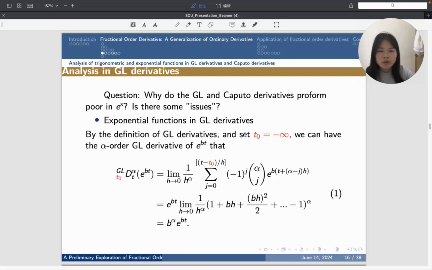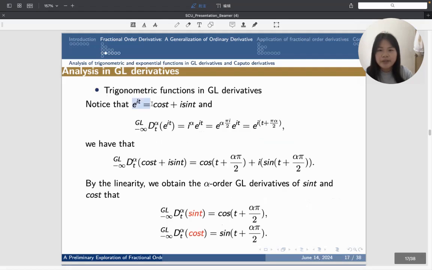In this case, we set the initial point t0 equal to negative infinity, and we have that the alpha order GL derivative of exponential bt is b to the power alpha times exponential bt, which really equals the normal derivative.